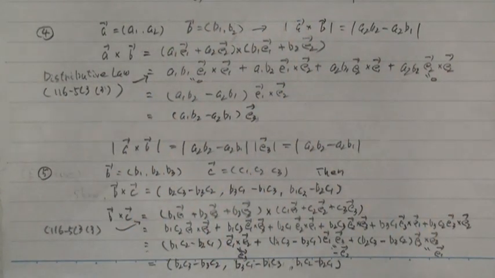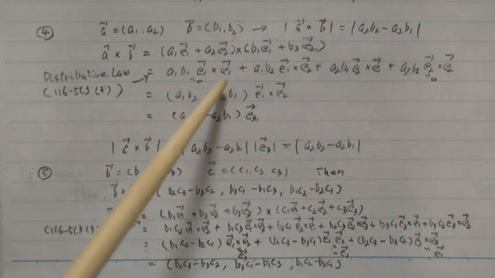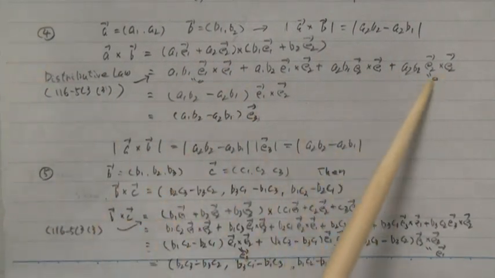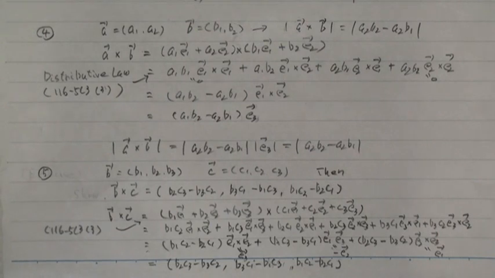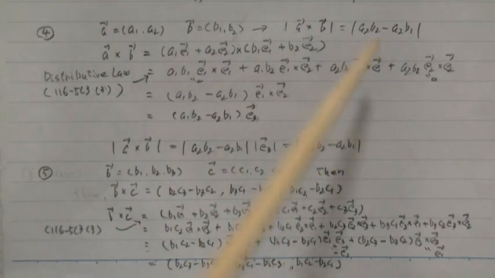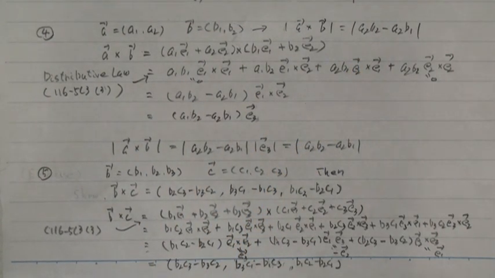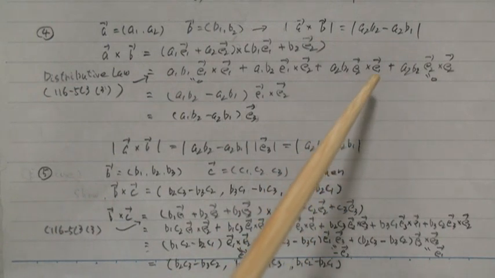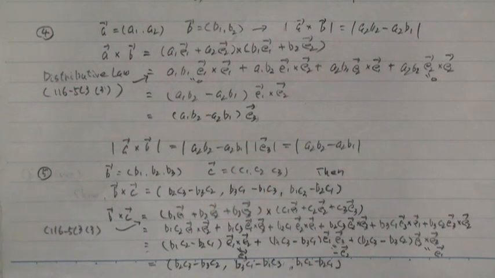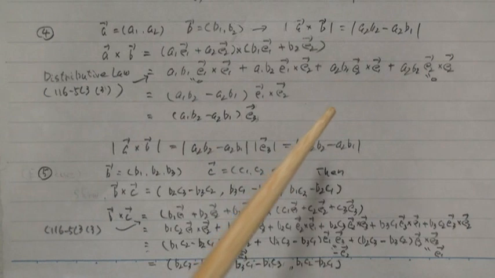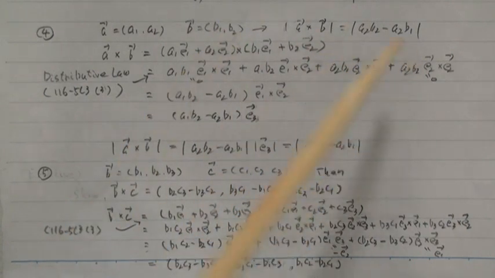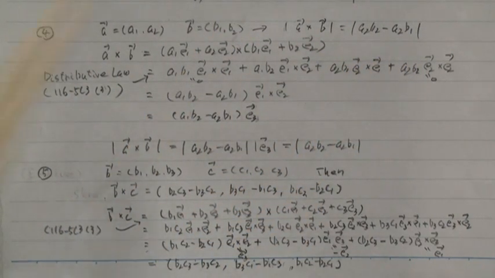This is 0, and this is 0, and E2 vector outer product E1 vector equals minus E1 vector outer product E2 vector.